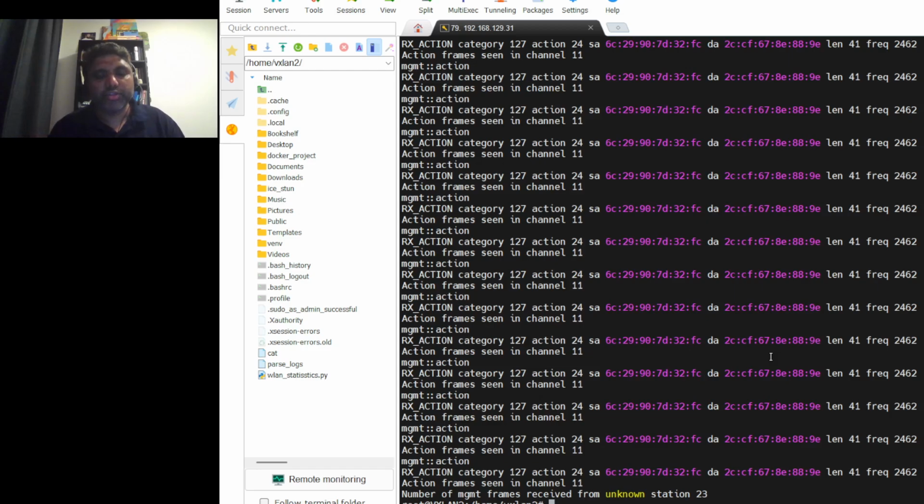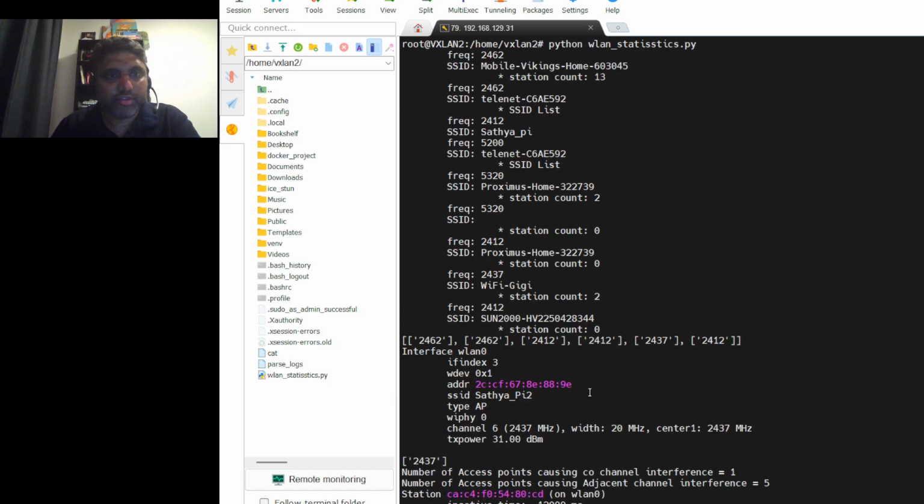It will tell how many access points there are, how many stations are connected to those access points, and to your access point, what the transmit bit rate is, and what the receive bit rate is. Usually the transmit bit rate is very important. It also shows the action frames and management frames that are of no use on the Wi-Fi medium, because airtime will be reduced. Let's see the output.